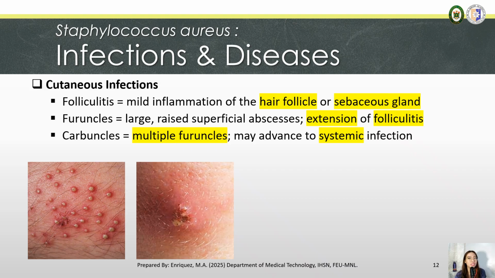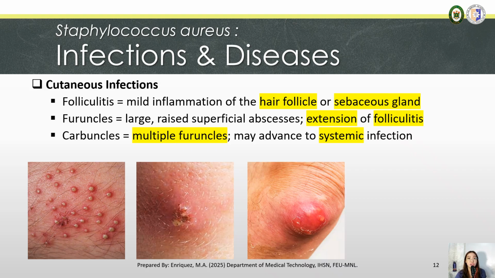Carbuncles are just multiple furuncles, but the downside here is that this may now progress to a systemic infection. All right. So, systemic infection meaning the patient may now be experiencing fever and chills. So, hindi na po siya simpleng skin infection lang. Okay. But now the patient is starting to show other symptoms. So, this third photo shows us what a carbuncle looks like.